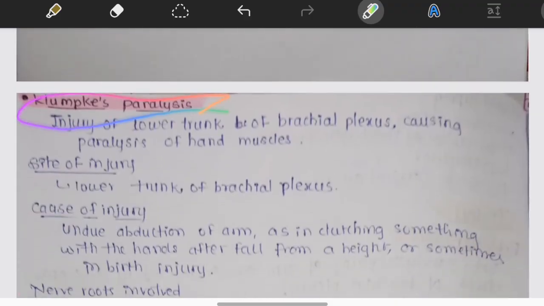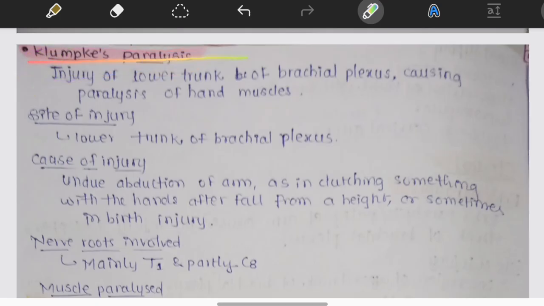Then the second clinical anatomy that is also so important is Klumpke's paralysis. Injury of the lower trunk of the brachial plexus causing paralysis of hand muscles. Erb's paralysis is the injury of the upper trunk, and here is the lower trunk.